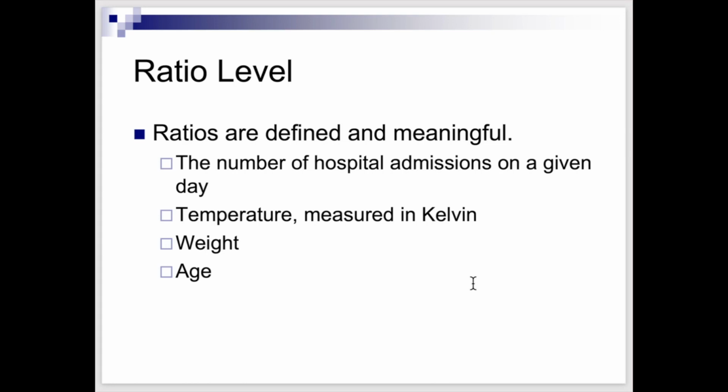So, for example, if on one day there were 10 admissions and on another day there were 30 admissions, not only is the difference defined, a difference of 20 admissions, but the ratio is defined and meaningful as well. So 30 admissions on one day over 10 admissions on another day, that ratio is 3.